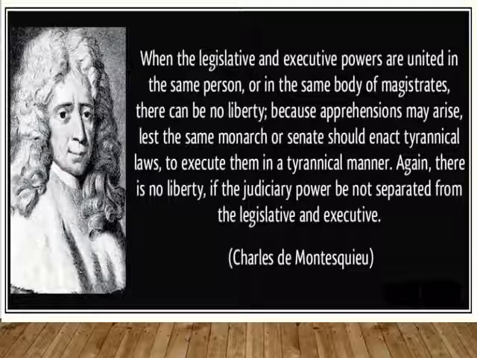Again, there is no liberty if the judiciary power be not separated from the legislative and executive. So from here we can see that he was saying it is very important to separate between powers.